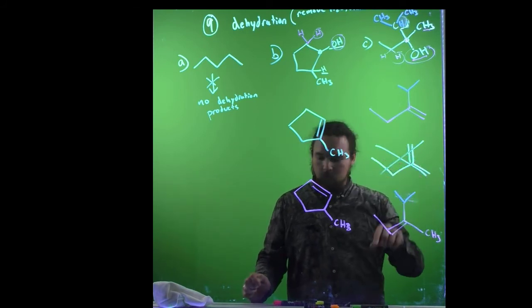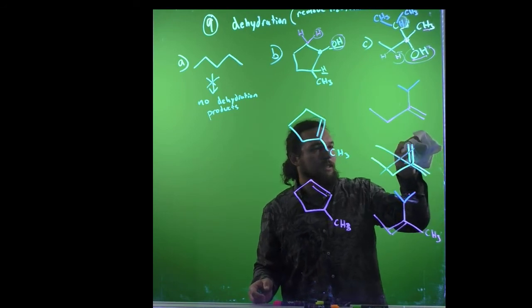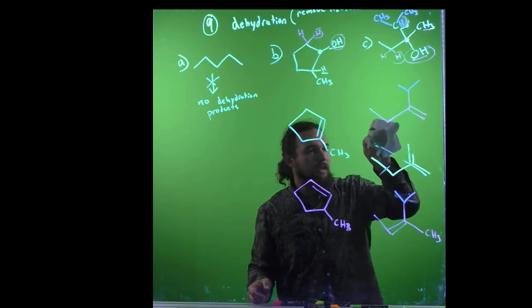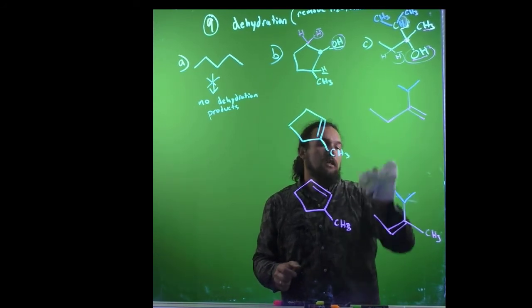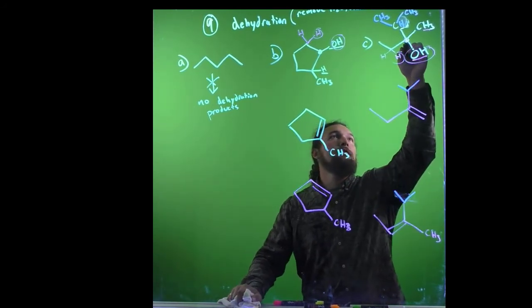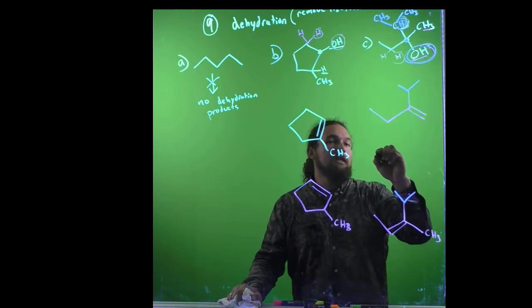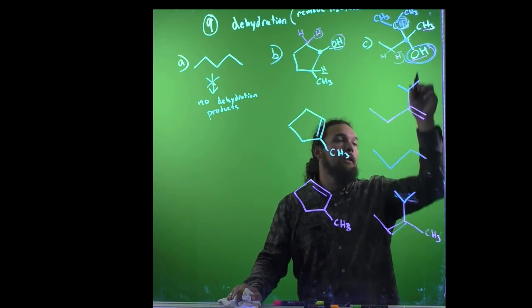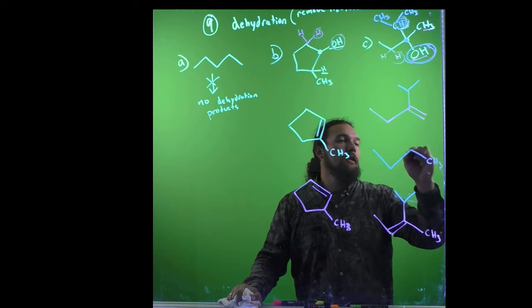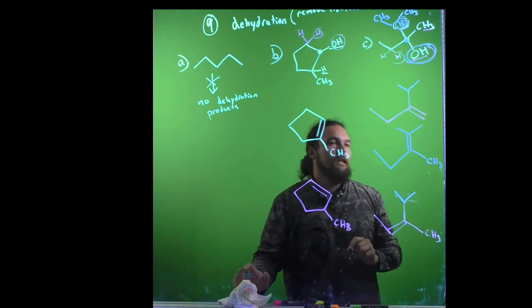Now, if it was an isopropyl, we would have gotten something a little bit different. Let's erase this whole thing. When we do this one in blue, if we remove, once again, this carbon, there is an H on the adjacent carbon. If we remove the OH and this H, what we would get would be this methyl right there and this isopropyl, but we would make the double bond right there.